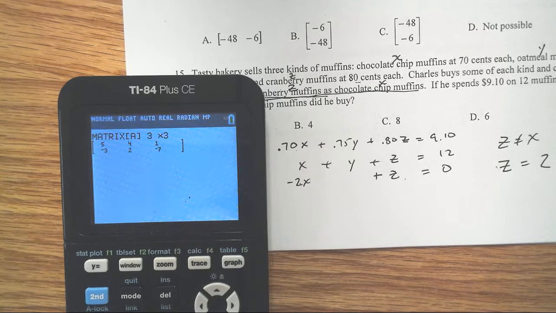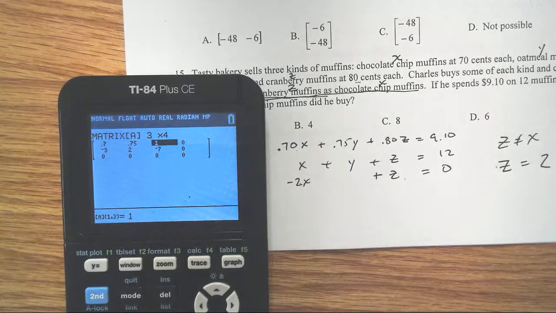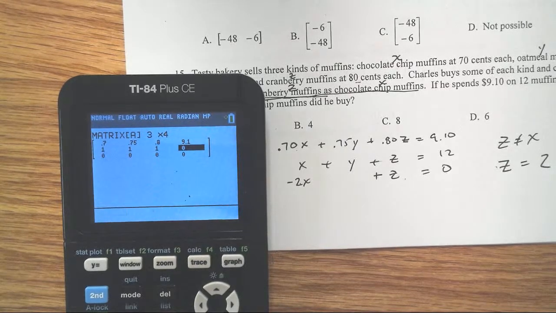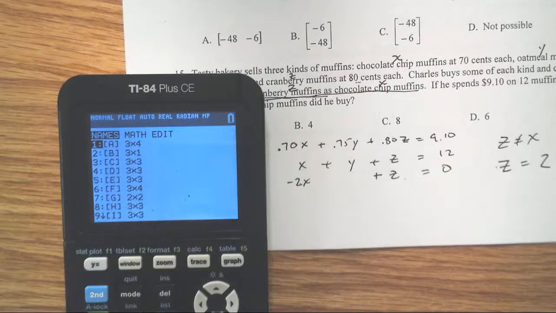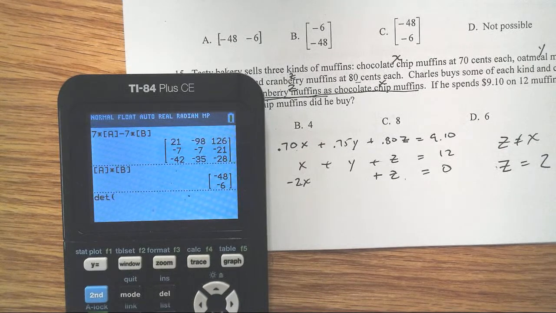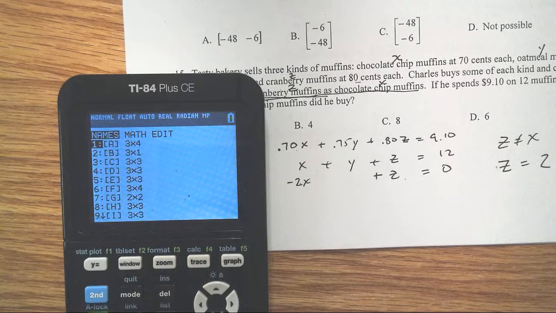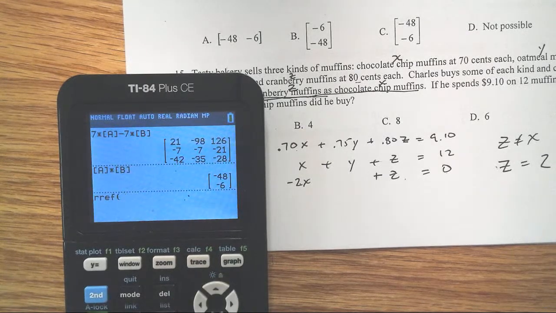We got a 3 rows by 4 columns, and we're good to go. 0.7, 0.75, 0.8, 9.1, 1, 1, 1, 12, negative 2, 0, 1, 0. Second quit, second matrix, math. I don't want the determinant. Let's clear that. Let's go. Second matrix math, RREF is what I want. RREF matrix A, second matrix A.